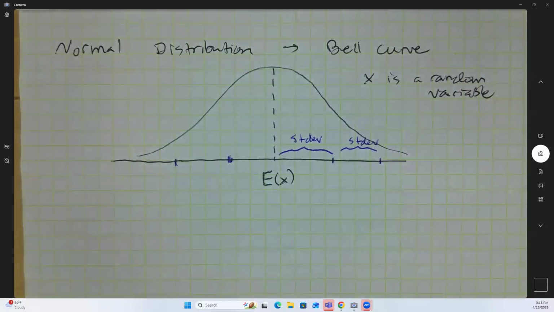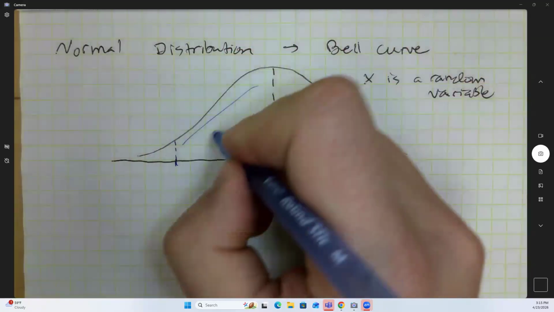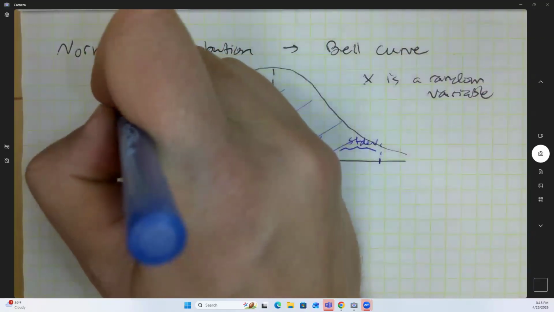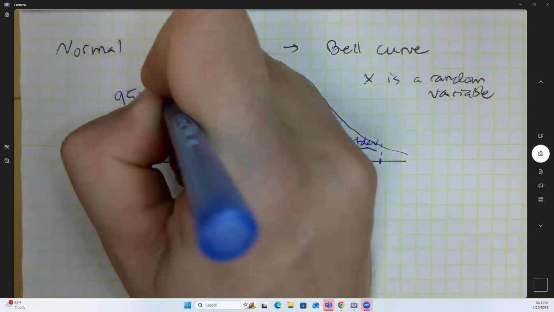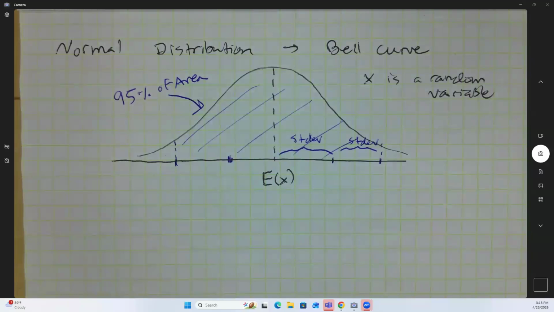And that's the reason we use two standard deviations so much, is 95% of the area is within two standard deviations of the mean.